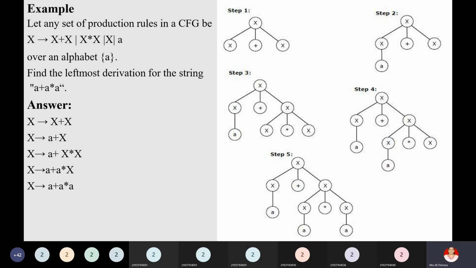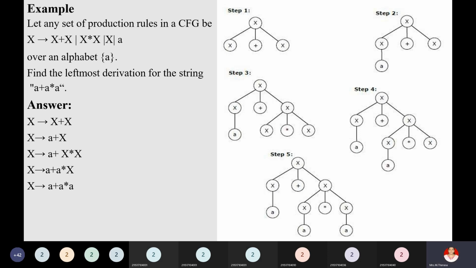And here you can see the corresponding derivation tree, the parse tree. In the first step, we have taken X tends to X plus X. Then the leftmost X is replaced by a. In the next step, we had only one non-terminal, so we choose that to replace, and that X is replaced by X into X. Now there are two non-terminals, so you need to choose the leftmost non-terminal X and replace it by a.